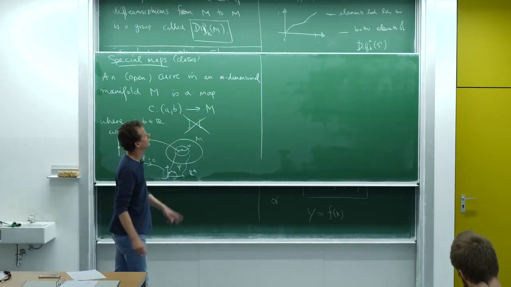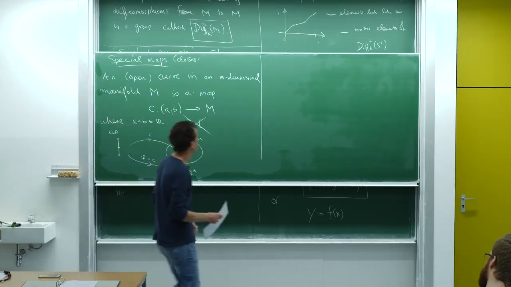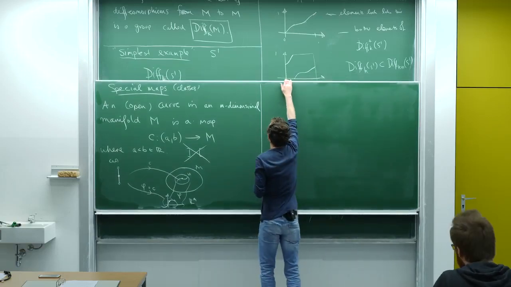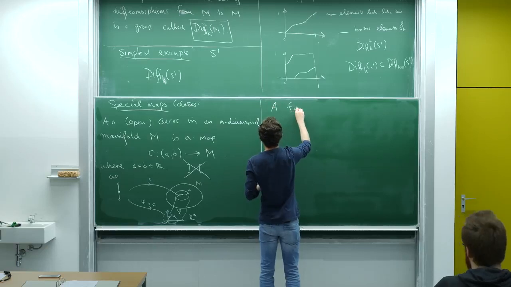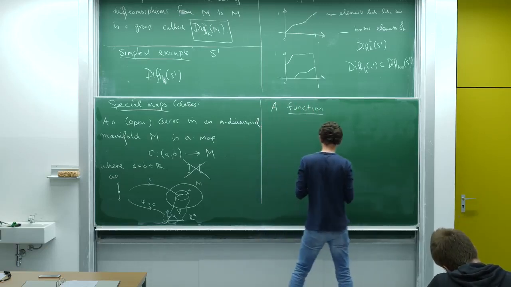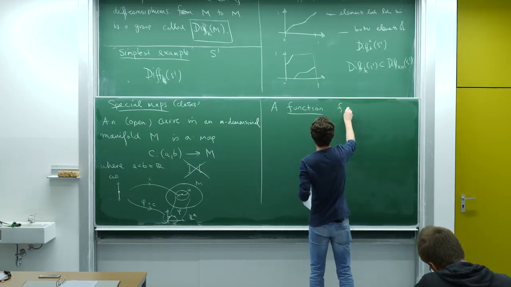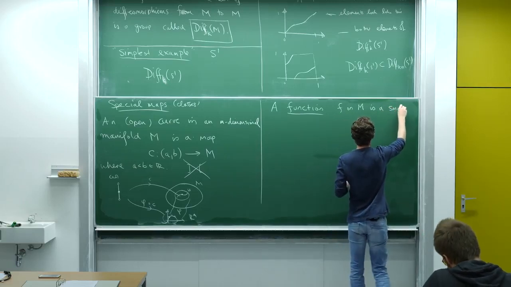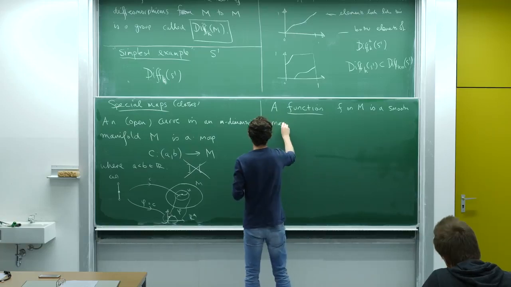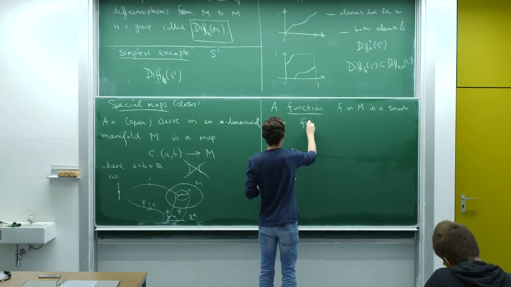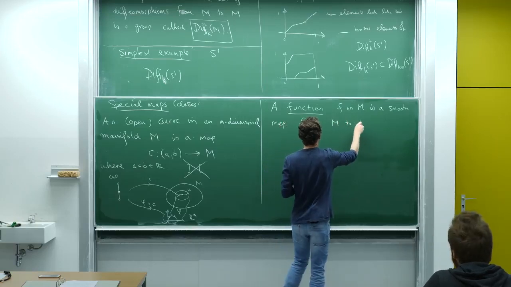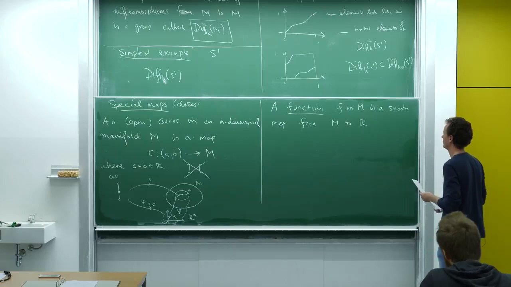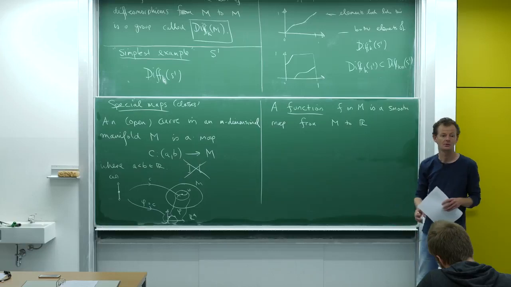We've defined a curve. There's one other special class of map that we want to focus on a lot in this course, and that will be functions. A function is a smooth map from M to R, to the real numbers.